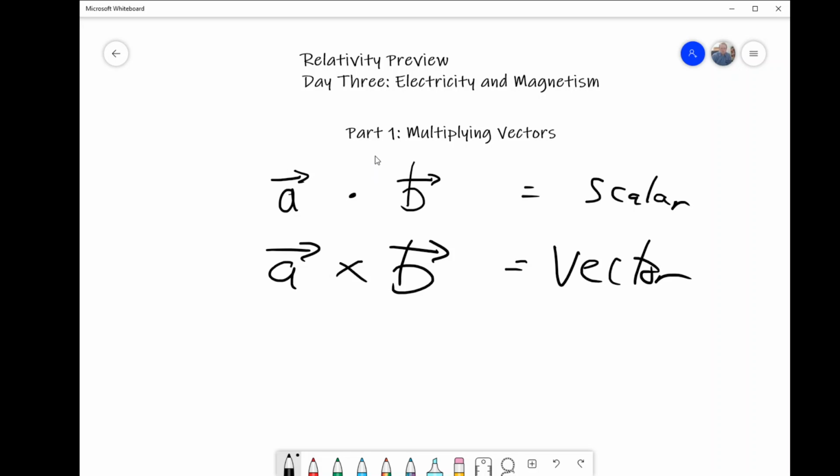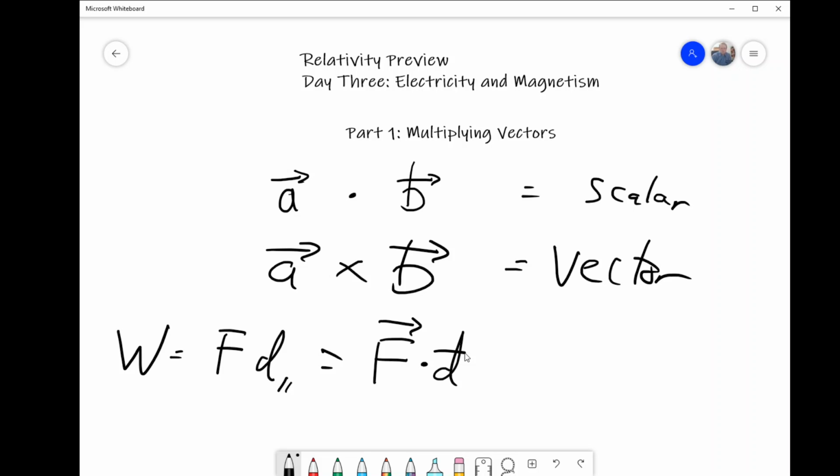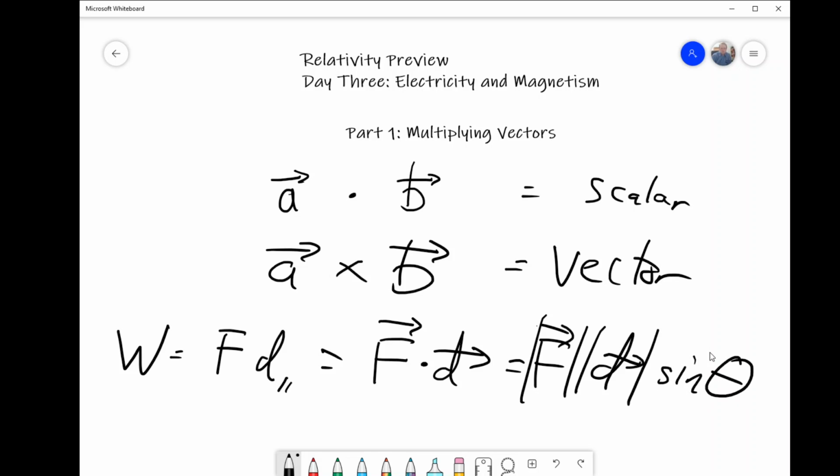Now, some of these we have already seen. When we talk about the work done on an object, it's the product of the force and the distance traveled parallel to that force. Well, that's actually shorthand. What we really have there is the force dot product with the distance. This will produce the force and the parallel distance.